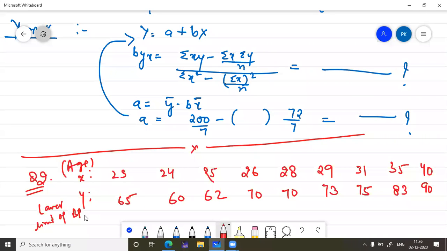Okay, so just try to solve it. Do it the same way as before; the data is already given, so solve it accordingly. Okay. Calculate two regression equations and also estimate the BP if the age of the patient is 38 years.